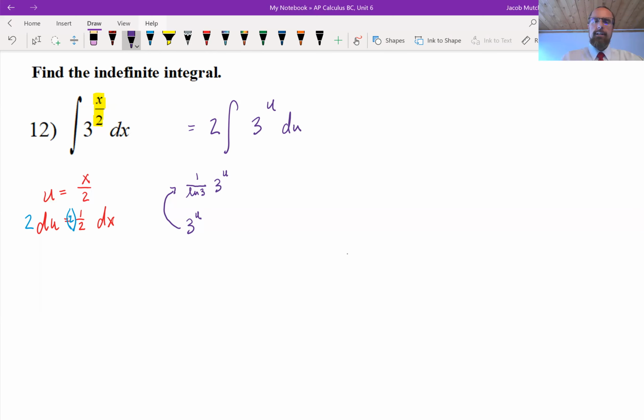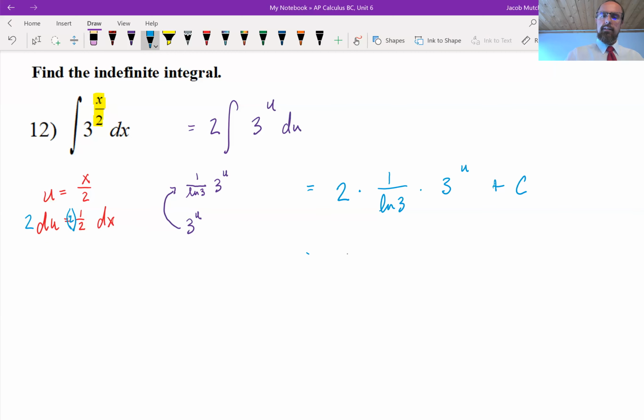All right, we're ready to integrate. So this is going to be equal to 2 times 1 over natural log of 3 times 3 to the power of u plus c. Once I make the integration, I'm ready to substitute back in my u, which is x over 2.